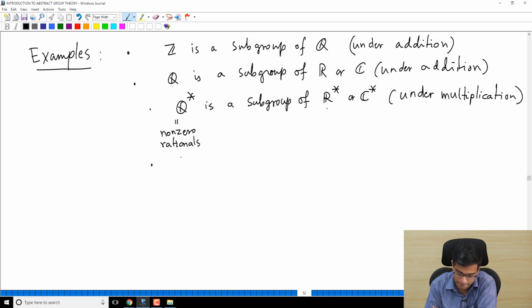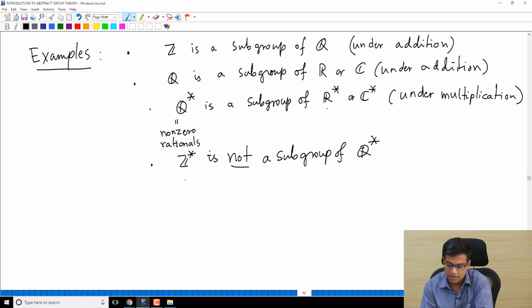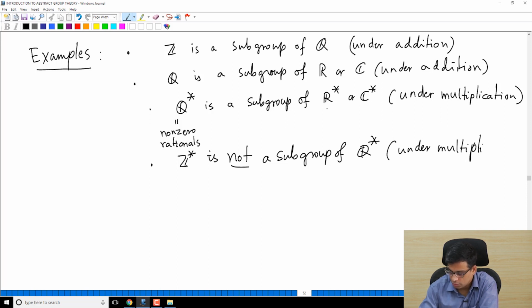What about Z star? It is not a subgroup, for example, of Q star. Non-zero integers do not form a subgroup of Q star under multiplication, because it is closed under multiplication, it has identity, but it does not have inverses.